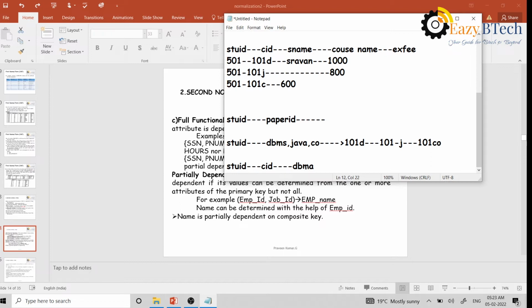Course name is Java, DBMS, as well as CO also. If I want to know the course fee of a particular subject, only if we know the course ID can we identify it. This is called partial dependency.